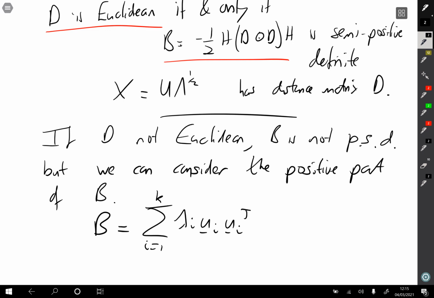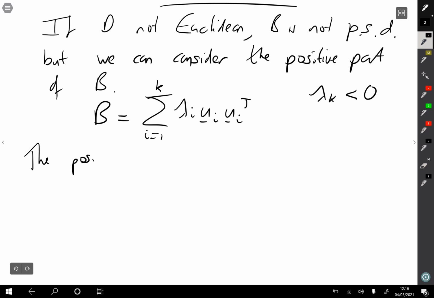So lambda k is less than 0 if B is not positive semi-definite. There must be a negative eigenvalue somewhere.